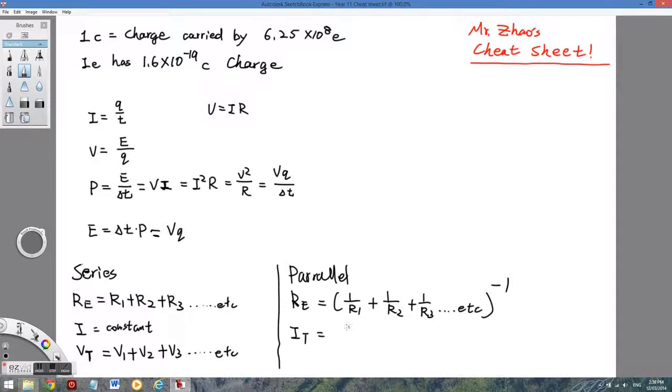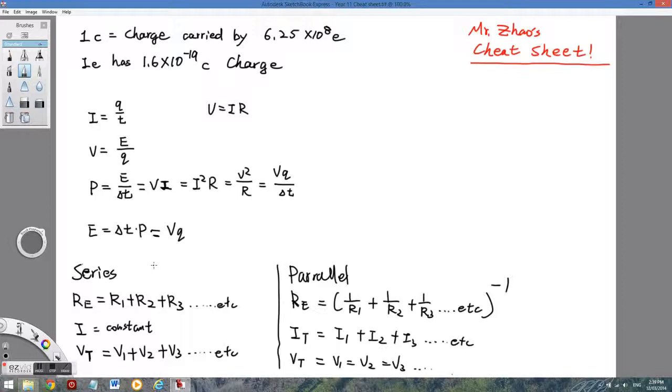The total current will be current 1 plus current 2 plus current 3, etc. The total voltage will be the same as V1, the same as V2, the same as V3, etc.